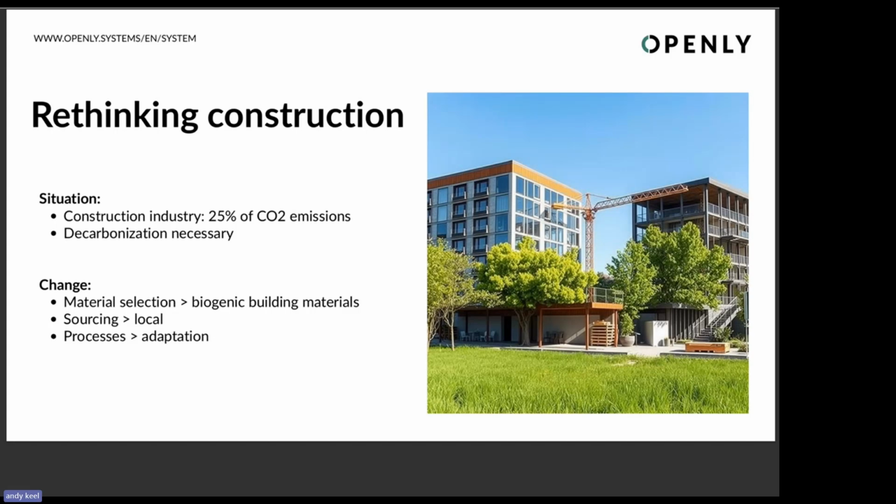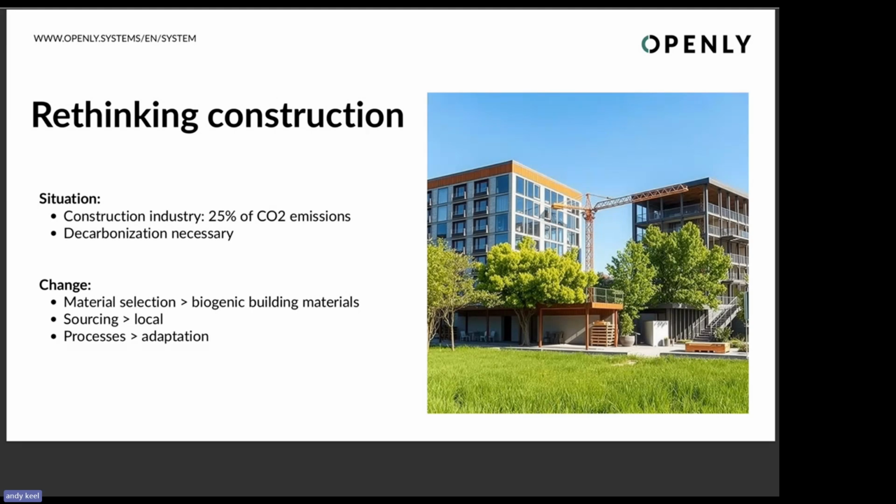So when we talk about construction, what is super important to understand, I know in this audience I'm talking to the converted, but nobody really realizes how big the emission portfolio of new-build construction is. It's 25%. That's basically 8 times the whole air traffic we generate over a year, or 8 times the whole shipment.